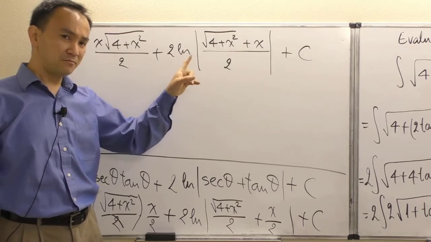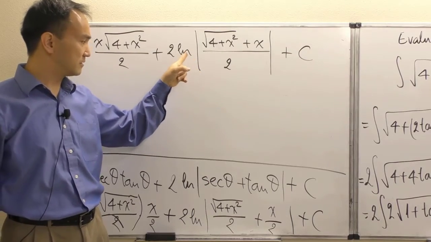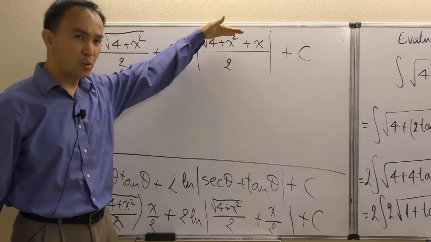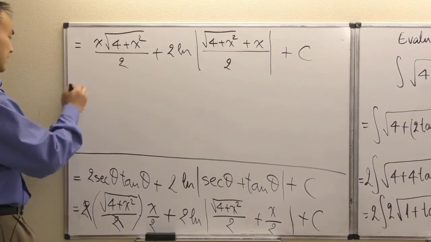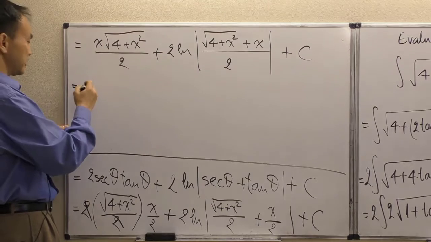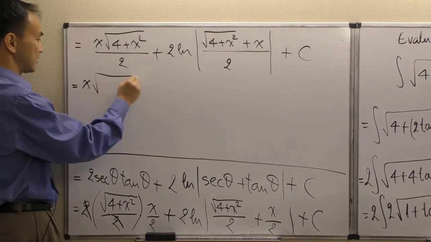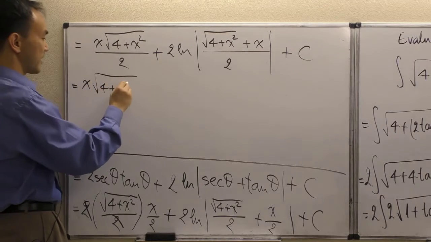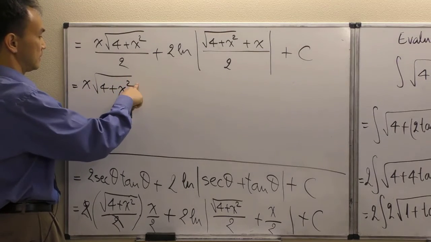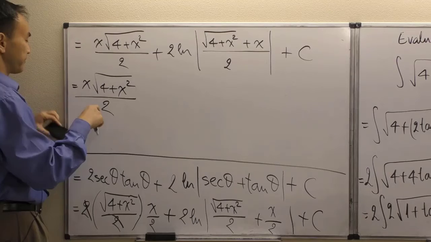Okay, but the logarithm right now is a logarithm of a quotient. So anytime we're taking the logarithm of a quotient, we can do the following. Admittedly the first term stays the same, nothing else can be changed in that. So I'm going to write it there, x times square root of 4 plus x squared all over 2. That's the first term.